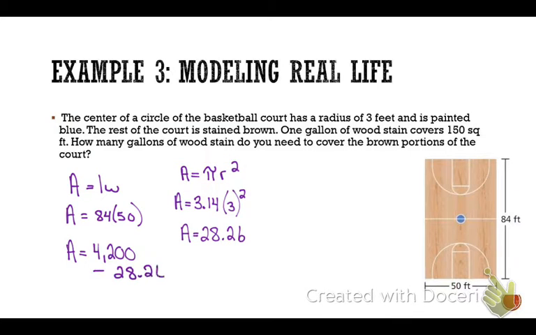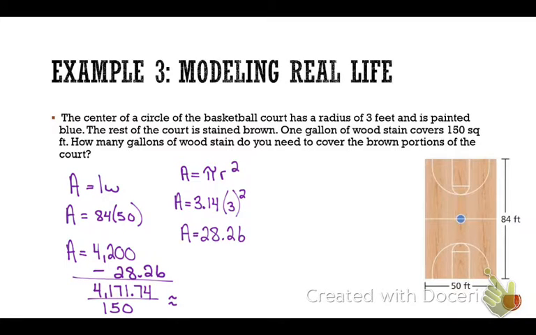So minus the 28.26, that tells me how much is left to stain. That's a total square footage. And the problem tells me that it covers 150 square feet. So if I know the total square footage, I can divide by 150.